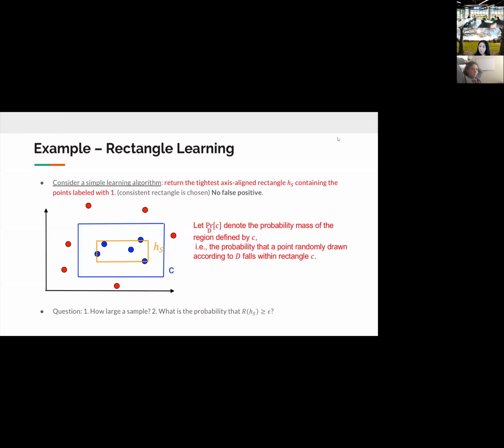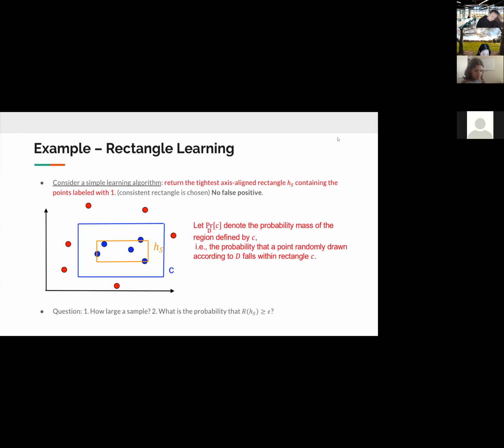So it is not simply an area, it is also weighted by how important each of the areas is. It is like weighted by the importance of the points within the area. So it's basically the probability mass of the region defined by C.